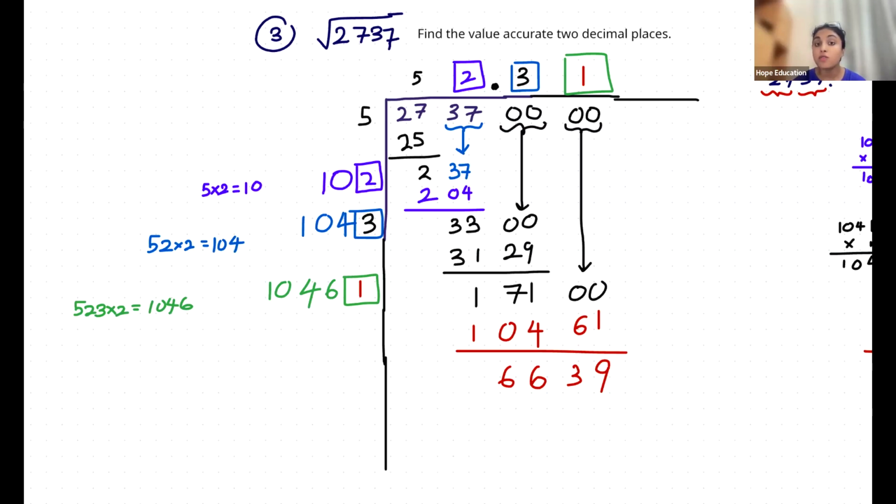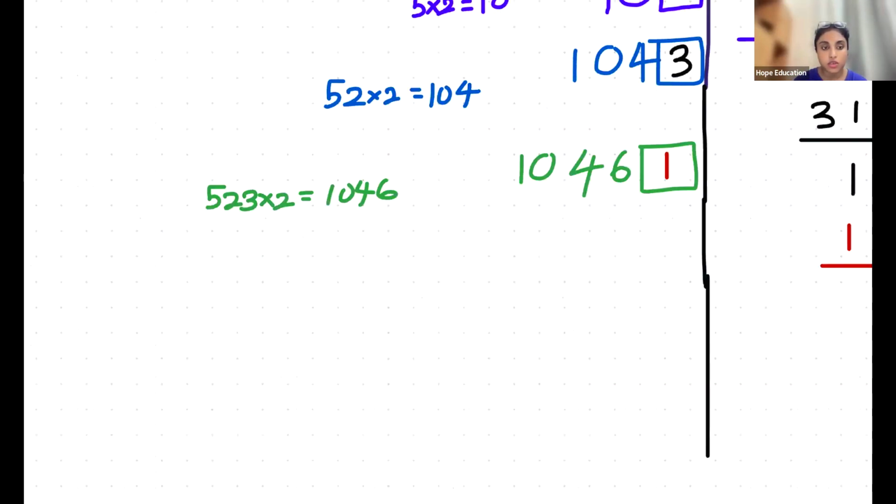So I have 5,231 here. Let's get the double of 5,231. What is 2 times 5,231, Lamai?